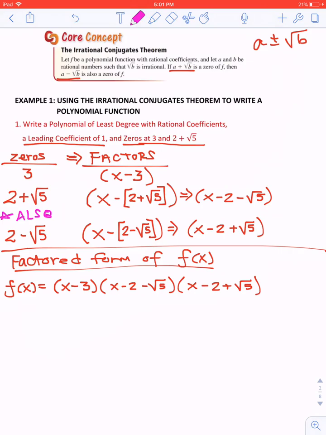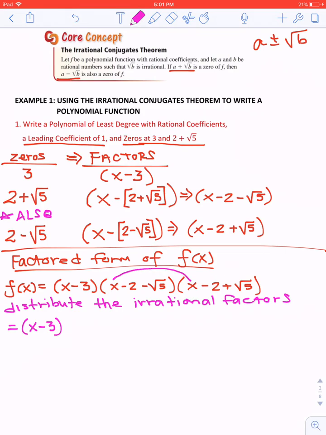So we are going to distribute the irrational factors. All right, so we're going to keep our x minus 3. So we're not using that term yet. And we're going to start distributing these factors.